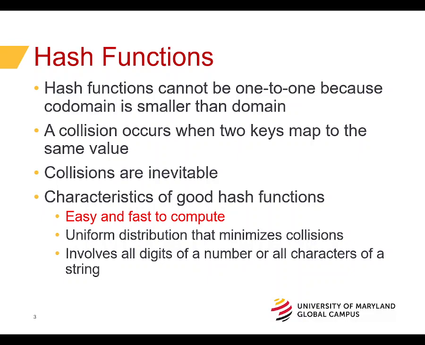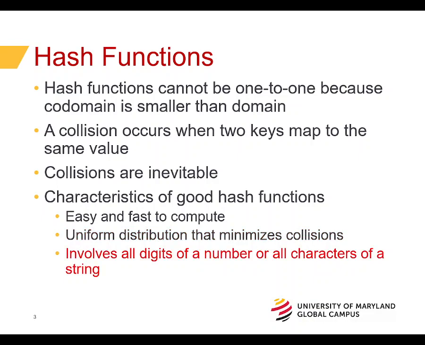Otherwise, the time required to compute it would become the dominant factor in the time required to access elements. It also needs to provide a uniform distribution that minimizes collisions. The opposite extreme would be one where most values mapped to just a few values, in which case there would be numerous collisions.